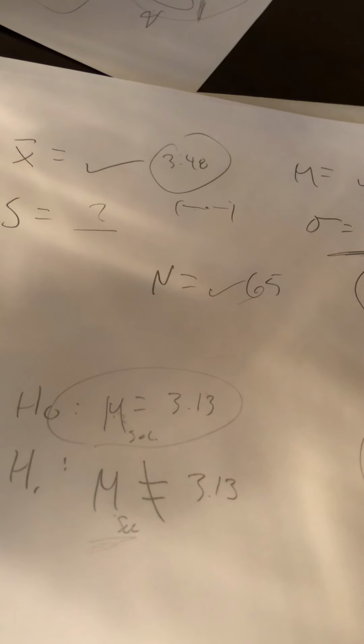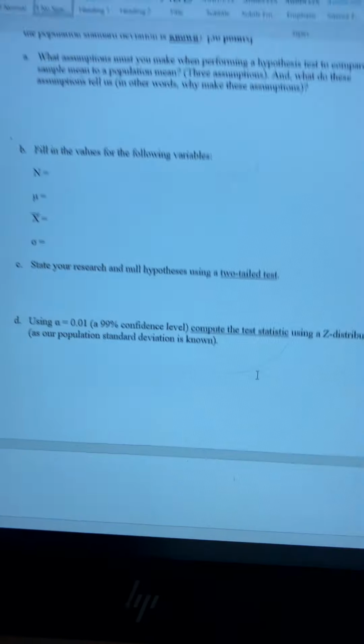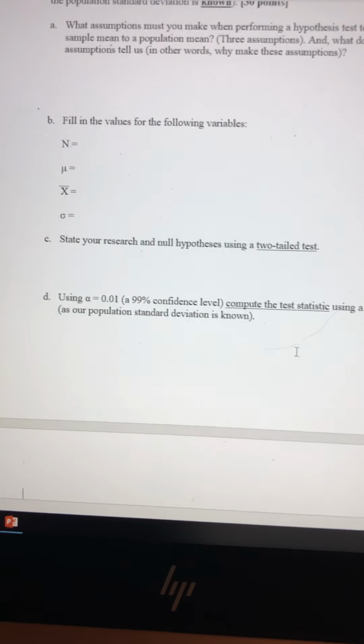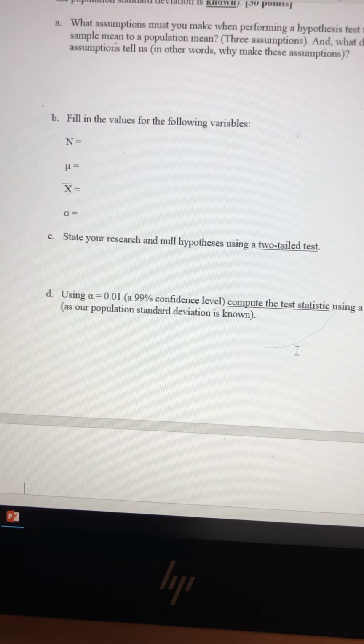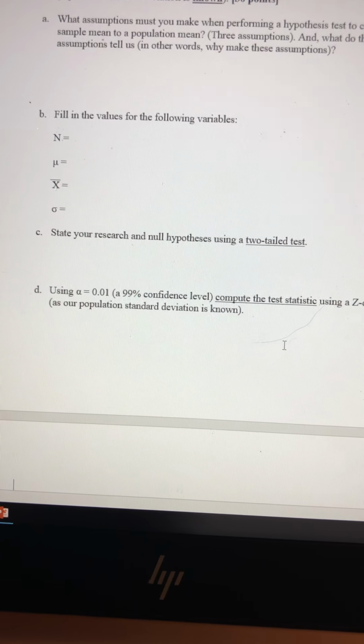Okay? So now you've got all your stuff here, and I've specified to use a 99% confidence level. Alpha equals 0.01.